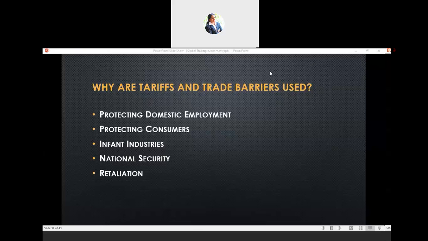Now, the next topic is trade barriers. Speaking regarding tariff barriers, tariff barriers refer to nothing but a tax. Tariffs collected by the exporting country are called export tariffs, and if they are collected by a country through which the goods have passed, they are transit tariffs.